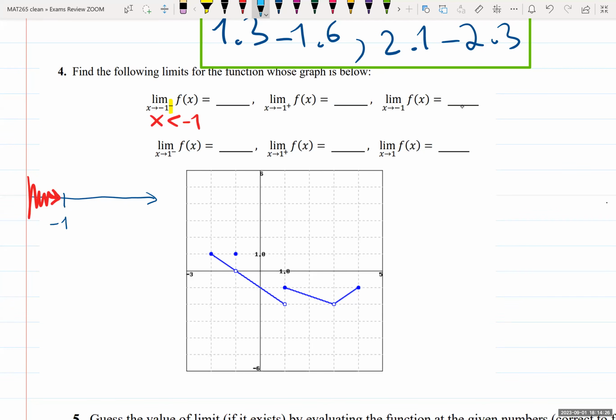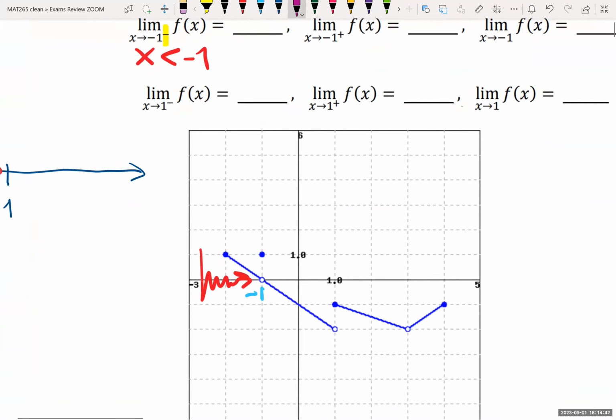Well, on the x-axis, find -1, here it is. And then I will use the same idea of energy going into -1 from the left. While x goes to -1 from the left, f of x at the same time also goes somewhere, and it stops when x reaches -1. We know it never actually reaches it, but it points at it.